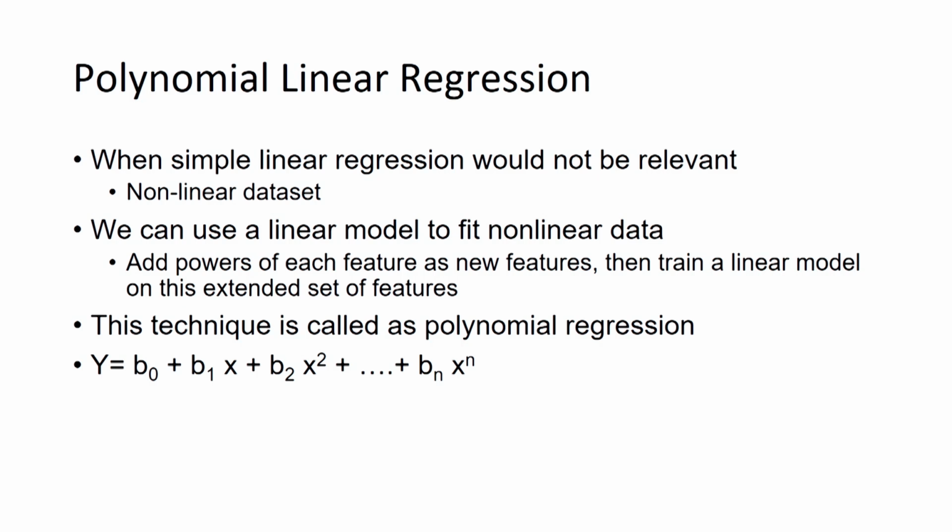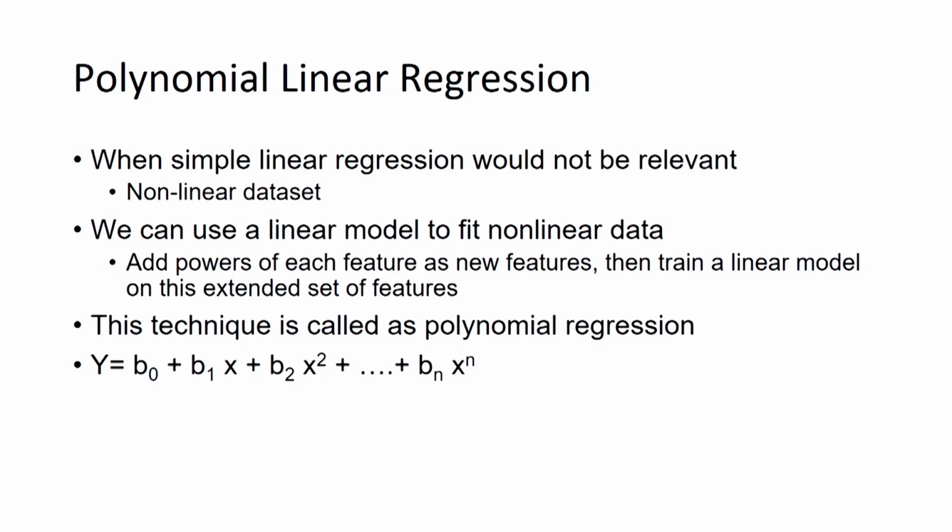So, when simple linear regression would not be relevant, it means your data set is a non-linear data set. In that case, we can use polynomial regression. So, we can use a linear model to fit the non-linear data. How can we do this? We will add powers of each feature as a new feature, and then train this linear model on this extended set of features.